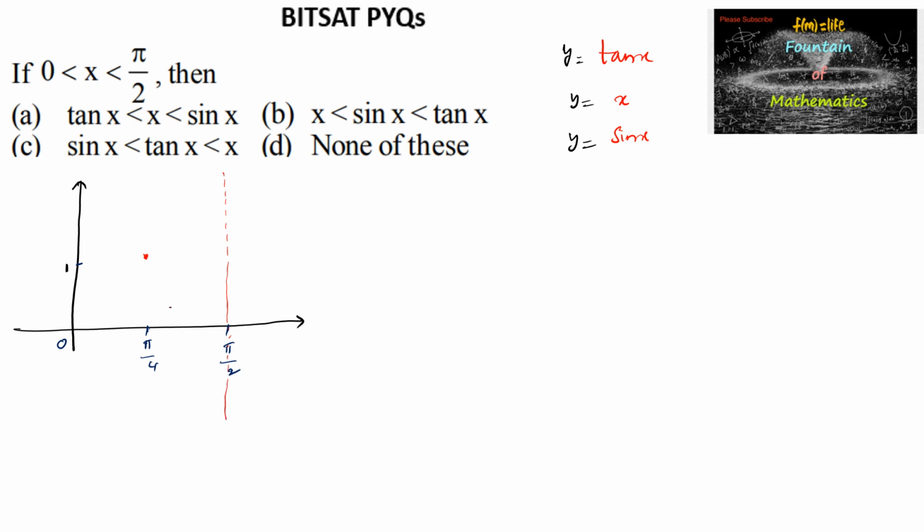We can see the graph. This is how the graph of tan x goes in 0 to pi by 2. This is y is equal to tan x, and y is equal to x is a straight line which makes 45 degrees. Say this is y is equal to x.